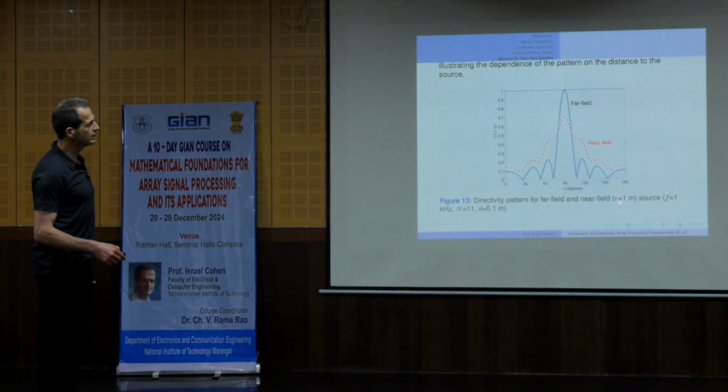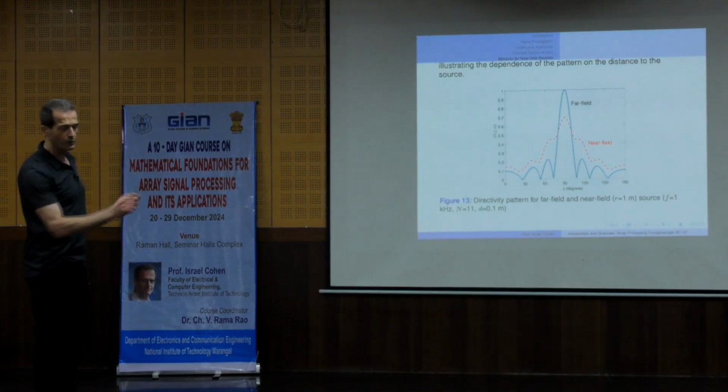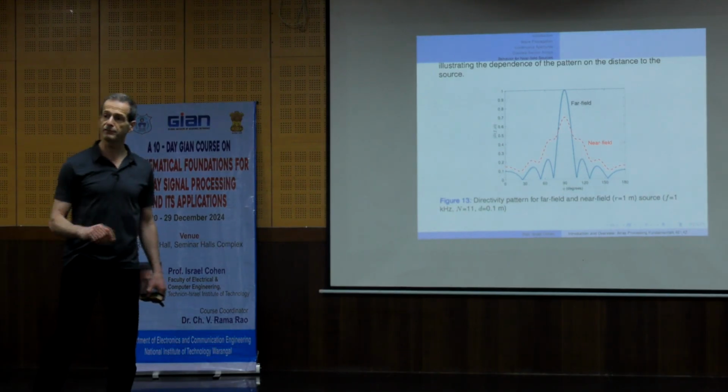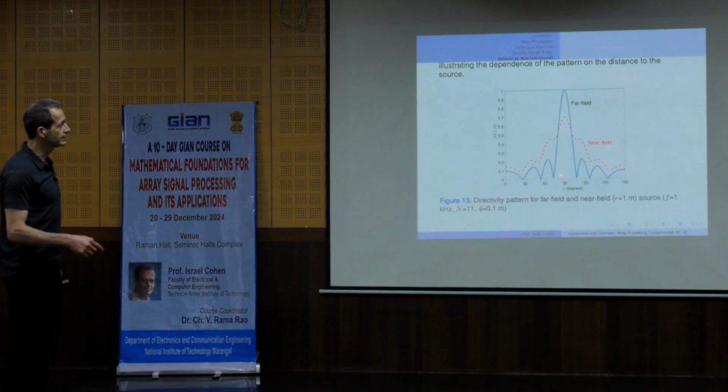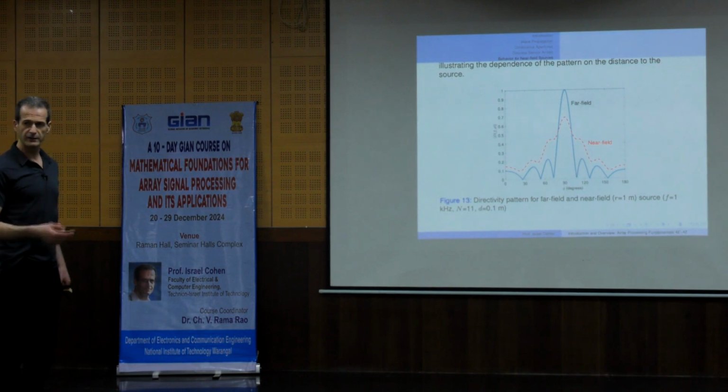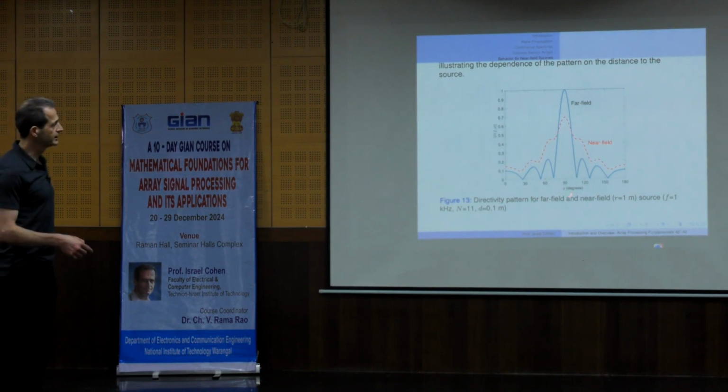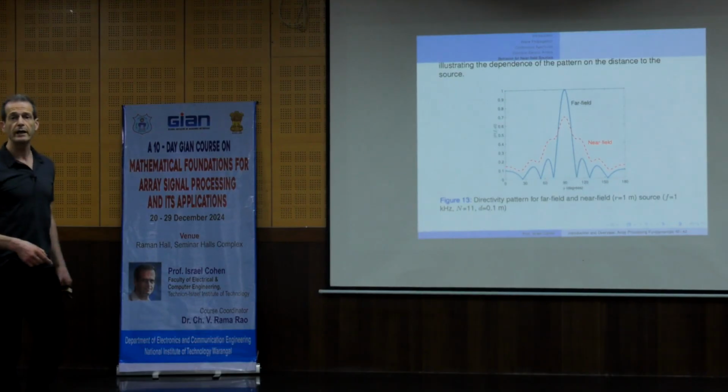We saw that for a uniform linear array, the far field directivity pattern goes like this. You see, it has some zeros. It's a Dirichlet function. It means that for some directions, we have nulls.